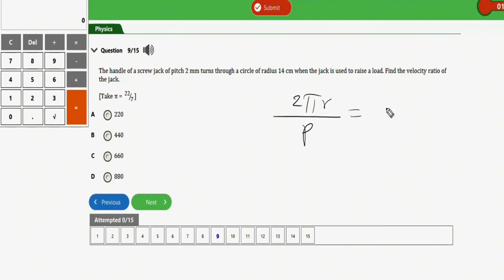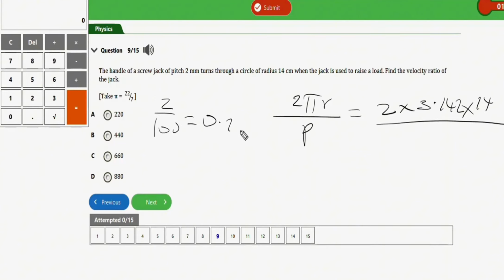Pi is 22/7, which is equivalent to 3.142, times the radius, which is 14 cm, over the pitch. The pitch is in millimeters, so convert it to cm: 2/10, which gives you 0.2 cm. So divide by 0.2.